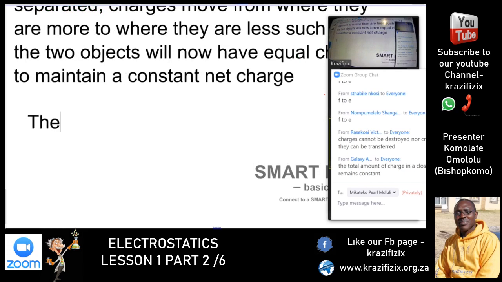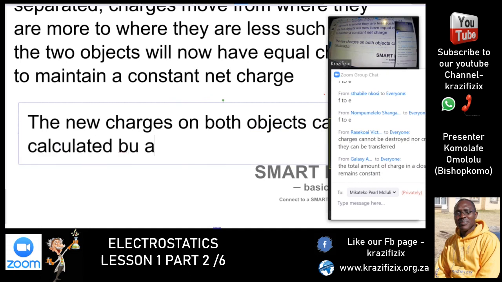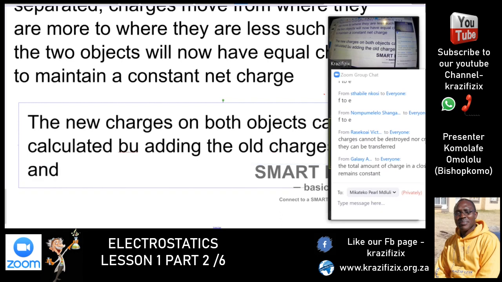The new charges on both objects can be calculated by adding the old charges together and dividing by 2.